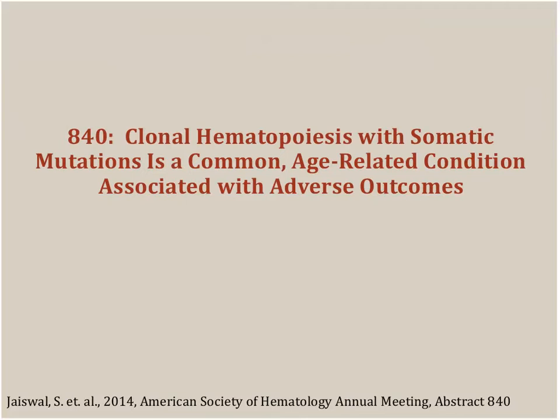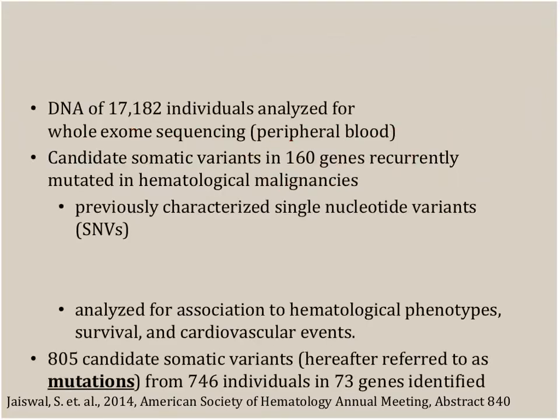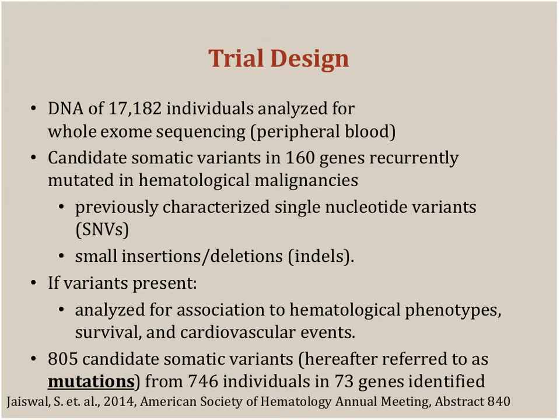You can see here that this was a study that looked at DNA from some 17,182 individuals, and the peripheral blood was analyzed by whole exome sequencing. Some 160 genes were currently mutated in hematologic malignancies or potential candidates to look for somatic variants.